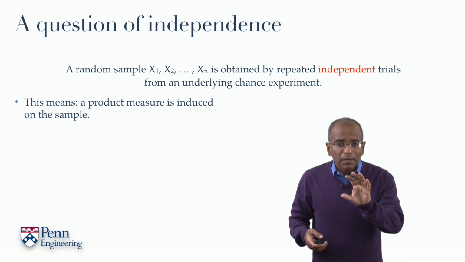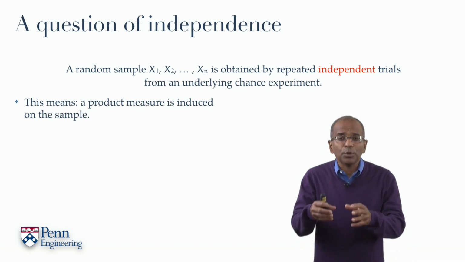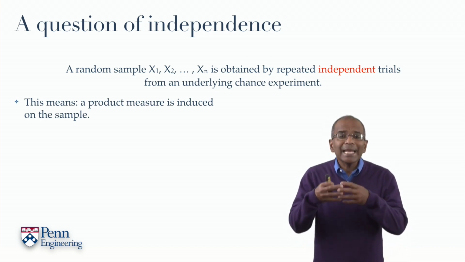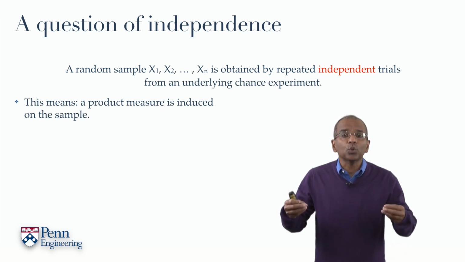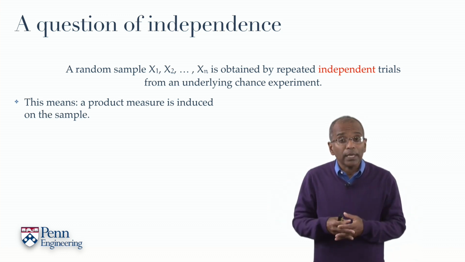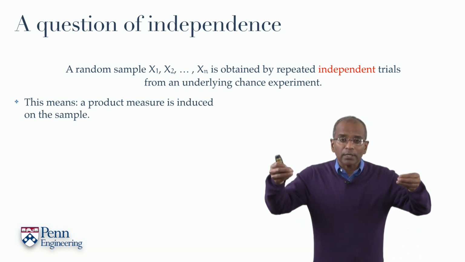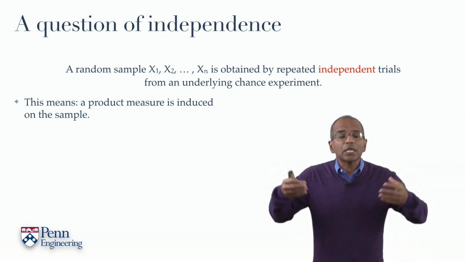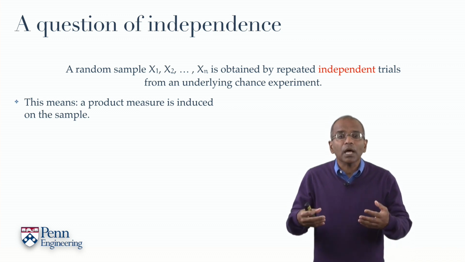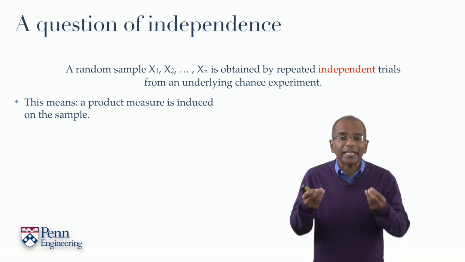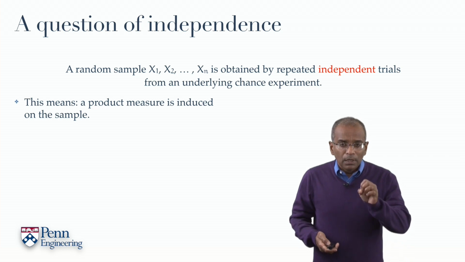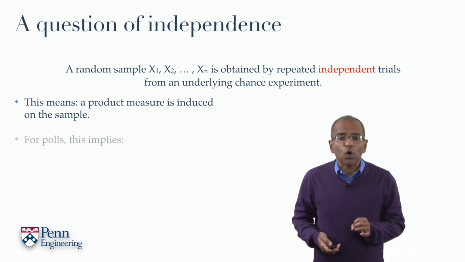At its foundational level, from a purely formal point of view, independence implies a rule of products. Formally, when one looks at a sample generated by independent trials, then probabilities are obtained by multiplying raw probabilities for each trial. What does this mean in the context of a poll?